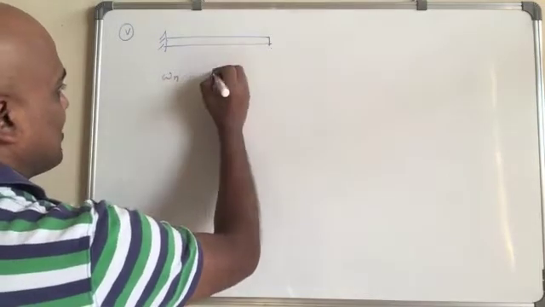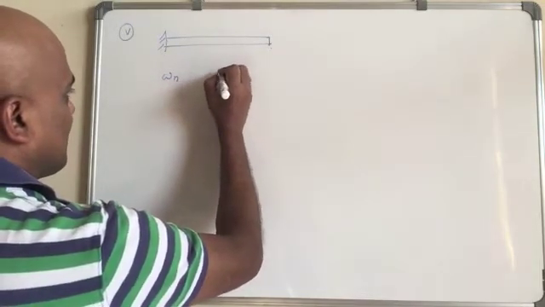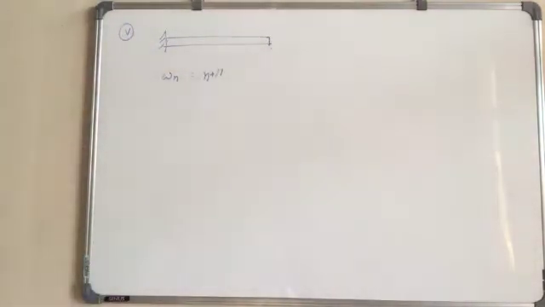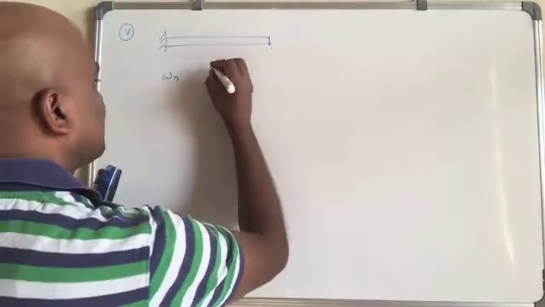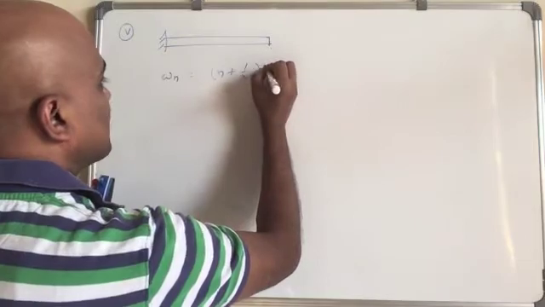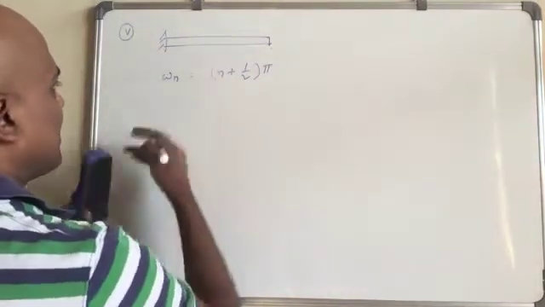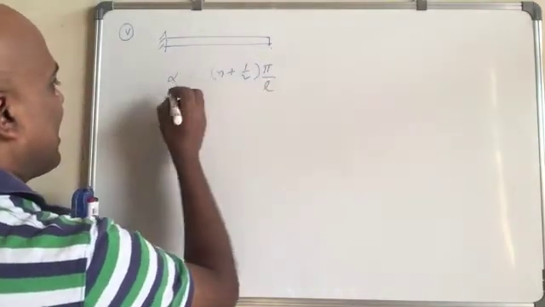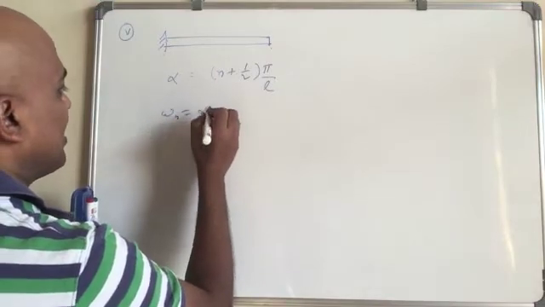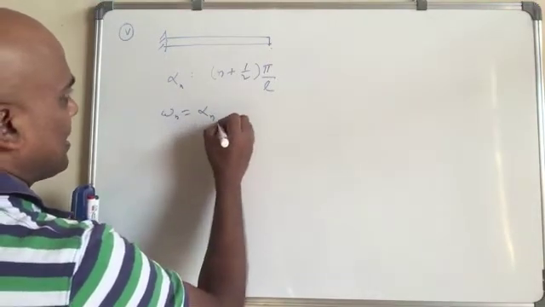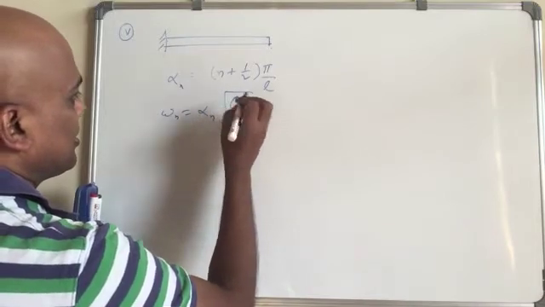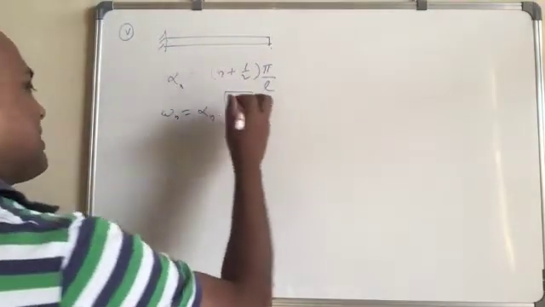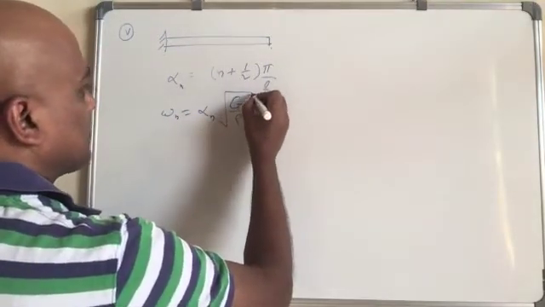So omega n you get as n plus 1 over 2 times pi, which is alpha, equal to alpha divided by L, and hence omega n equals alpha n multiplied by the square root of G over rho. Not E, but G will come here, which is the shear modulus.